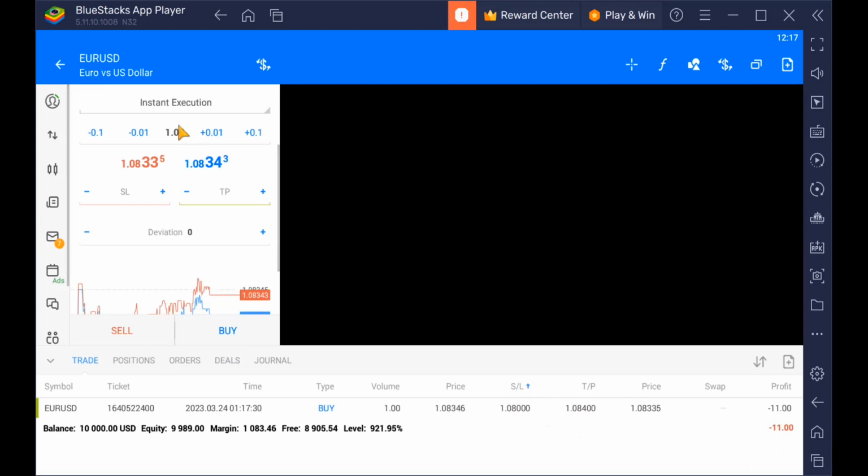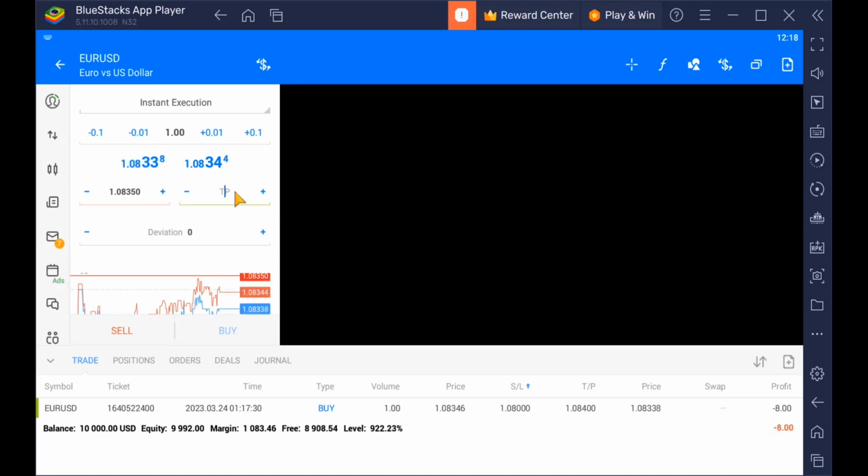If I'm selling, for example, my SL will be above the current price. So I put an SL value of 1.08, let's say 352. Then my TP will be lower, because if the price is dropping while I'm in a selling position, then I'll be in profit.